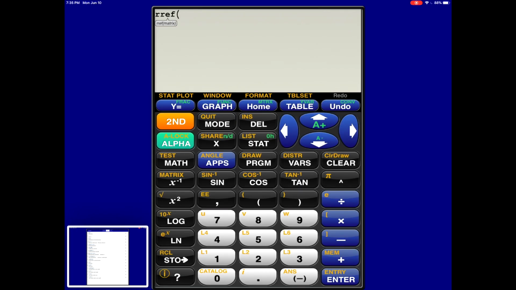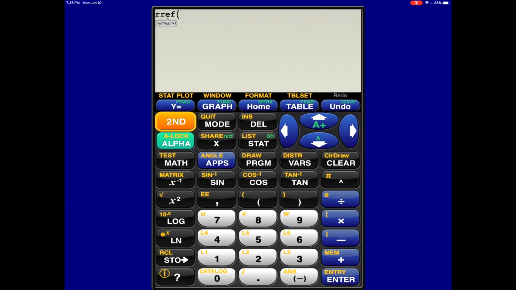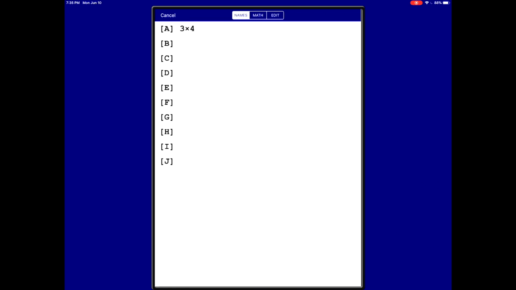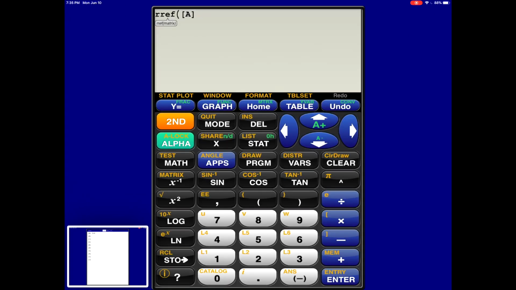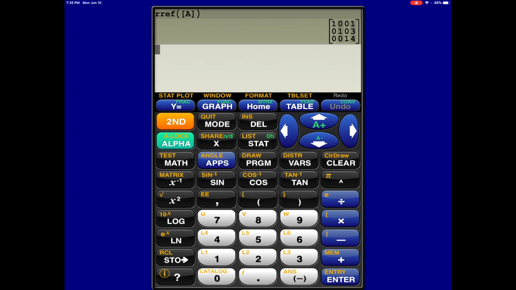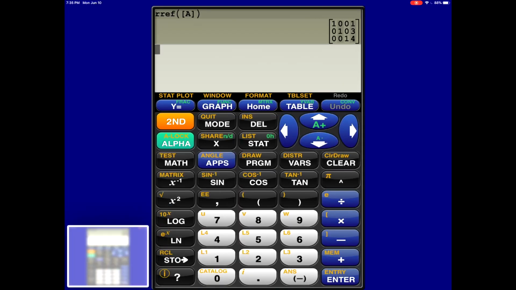And now you go back into the matrices, and you pick which matrix. So the one we edited, matrix A, and then enter, and this is our reduced row echelon form. Isn't that groovy? A little bit easier than doing it by hand, huh?